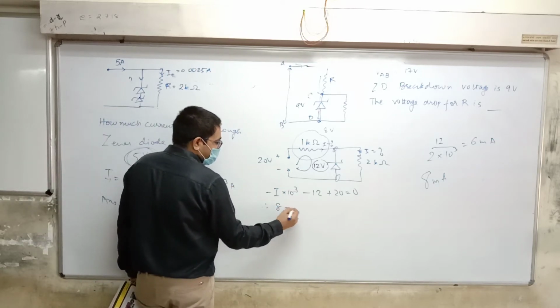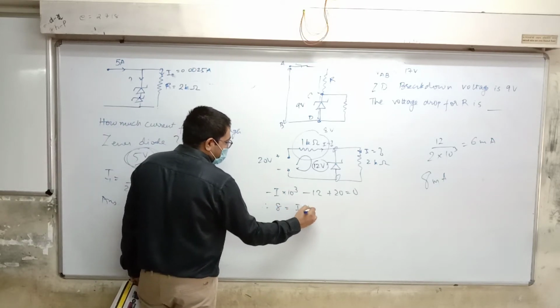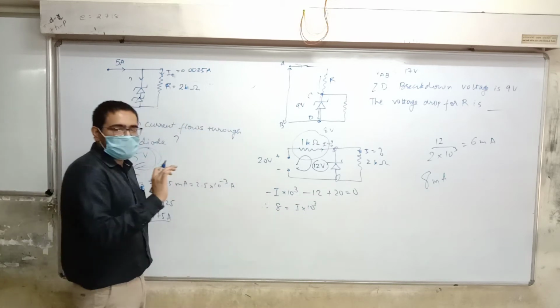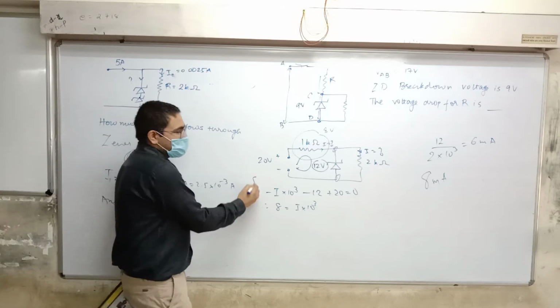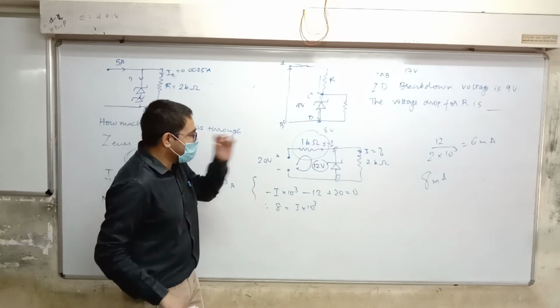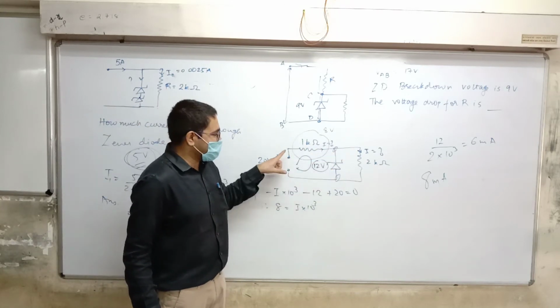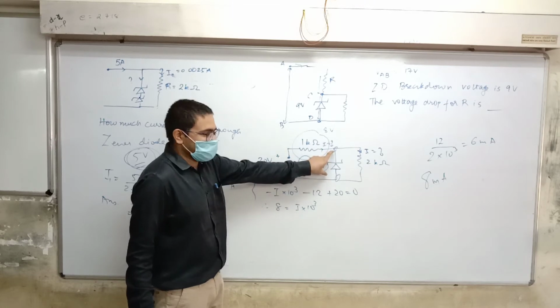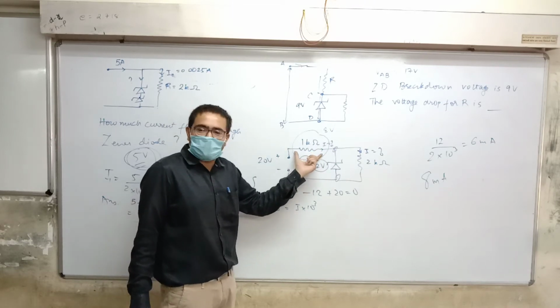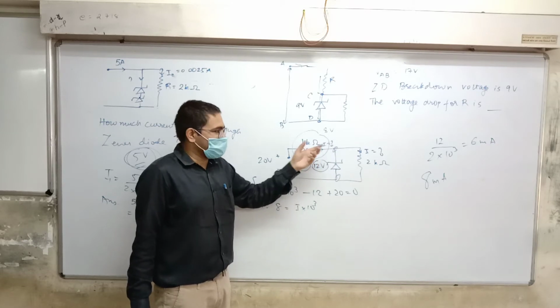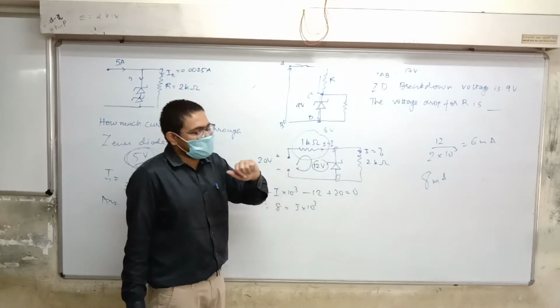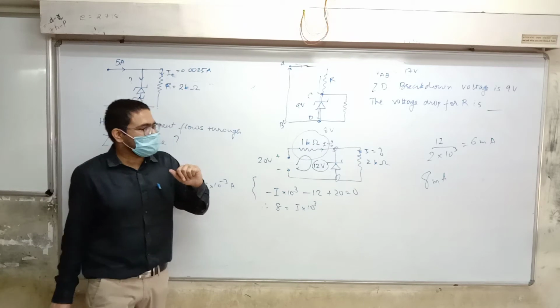Understood? Solve for it. So I into 10 raised to 3 is the answer. This is the official method. Otherwise theoretically it's the same: 12 here, and this is giving 20. 12 is here, so the remaining is 8 for this resistance. Okay, 8 volt, so 8 volt is 8 milliamp. Now find the current in the Zener diode. Can you find it?